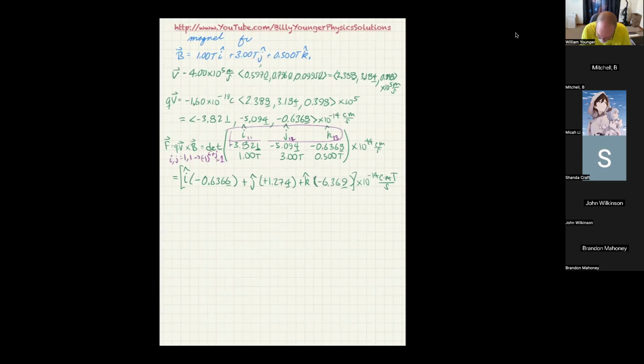So that gives you all those units. If you actually worked it out, you'd find that that is in fact the units of newtons. So that works out pretty well as well.